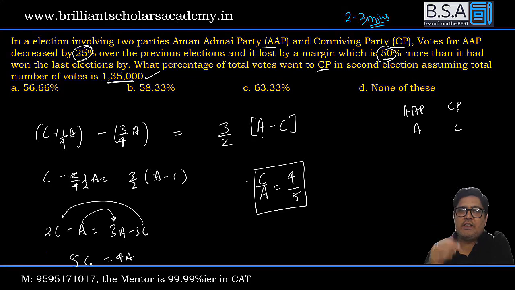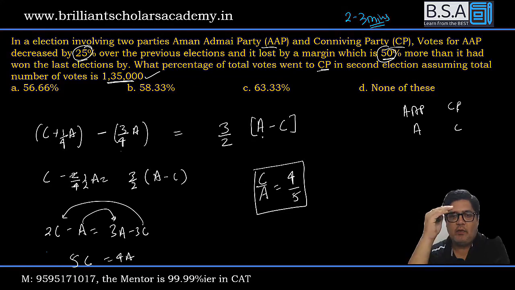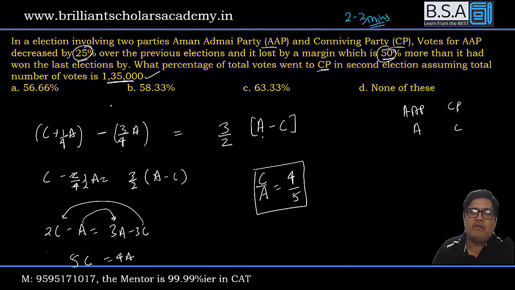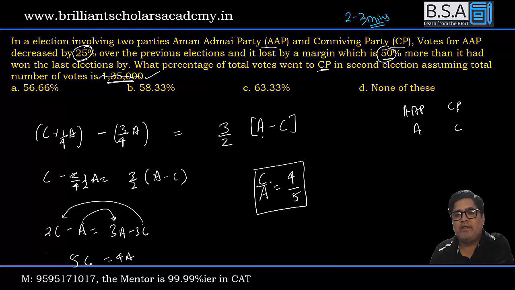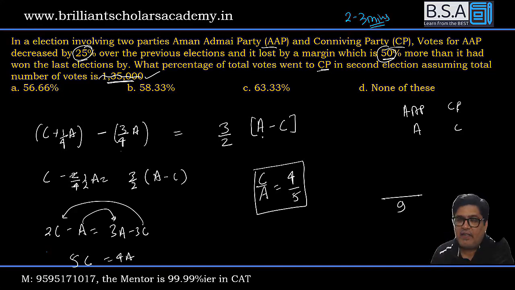Now the question is, what percentage of votes are going to C? I do not care for total votes. I only want percentage. So if the votes of C are 4 and votes of A are 5, total votes are 9. Be very careful. How many votes is C getting? This is the vote share of C now. C ka number is 4 plus.